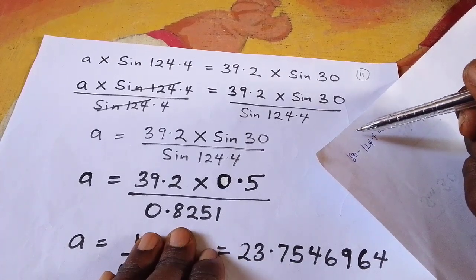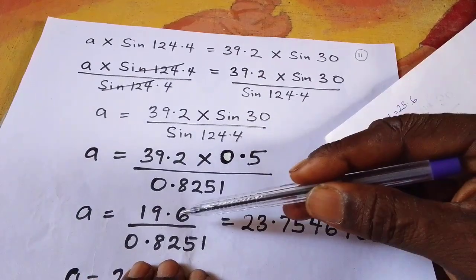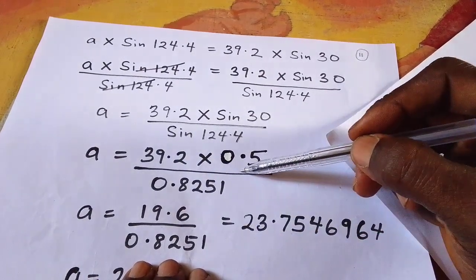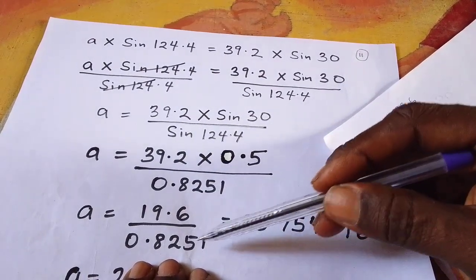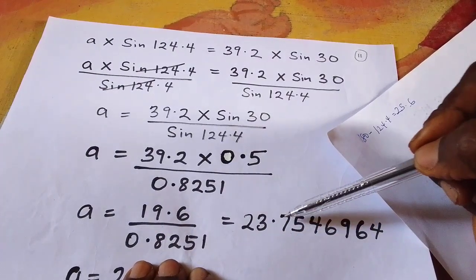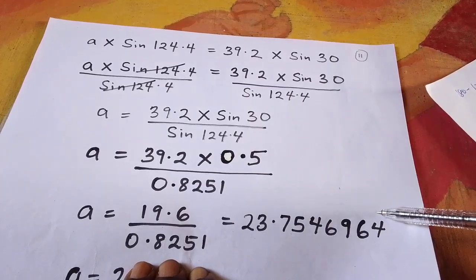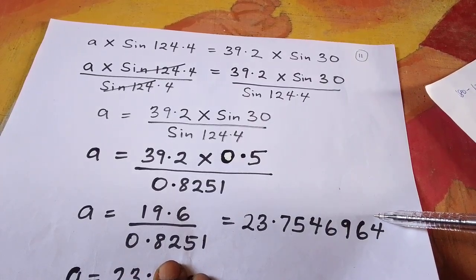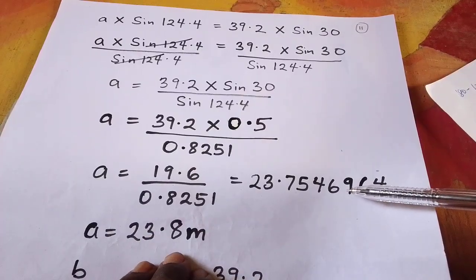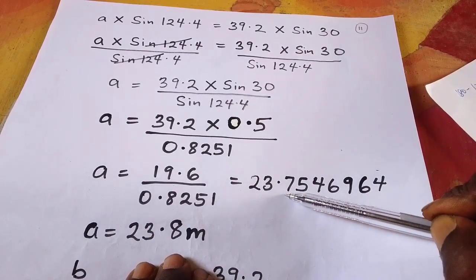So from here you can press the values. 39.2 times 0.5 will give us 19.6. Then divided by 0.8251, if you divide 19.6 by this, it will give you 23.754696. If you want to do this to one decimal place, the first number is 7 here.